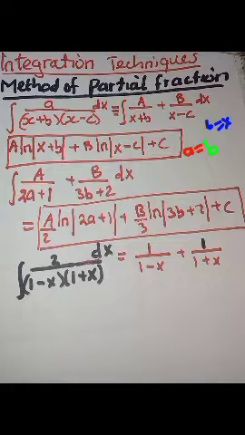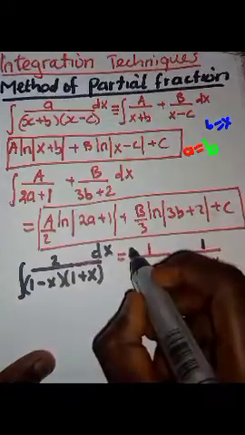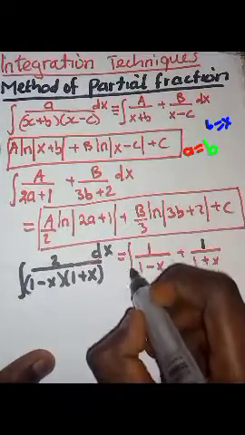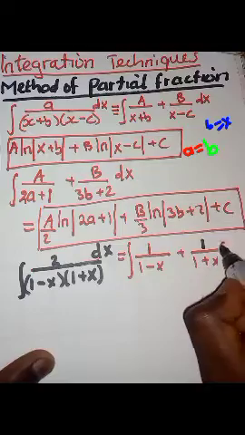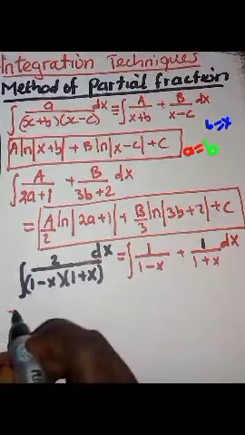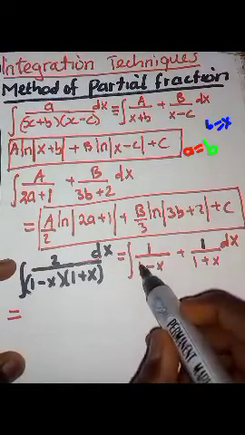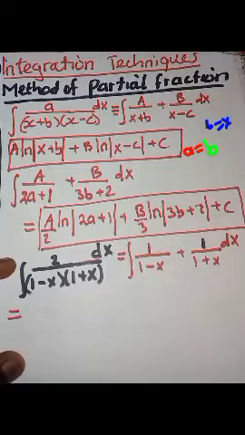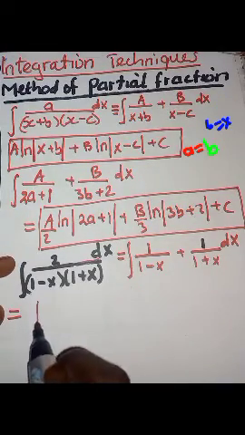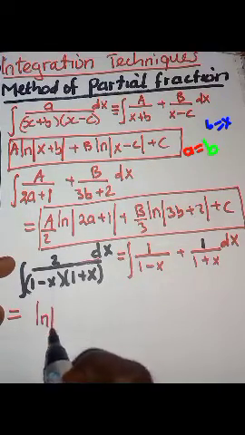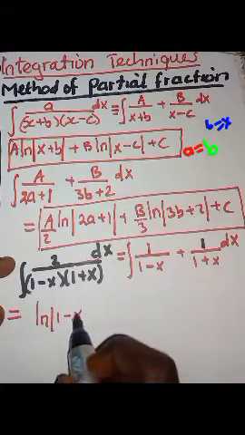So all we have to do now is just to carry out the indefinite integral, sorry. This is going to be now the integral of that, dx. And as we all saw initially, 1 minus x is linear, right? So we are simply going to have natural log of the absolute value of 1 minus x.